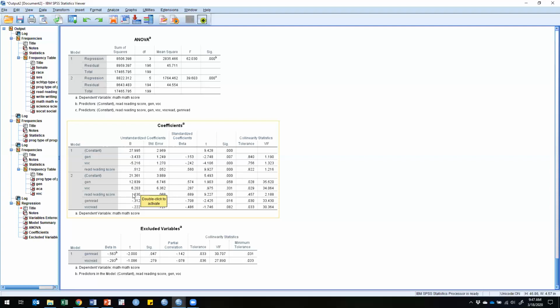Right now, this coefficient represents the simple slope of reading score on math score for someone who is in the academic track.